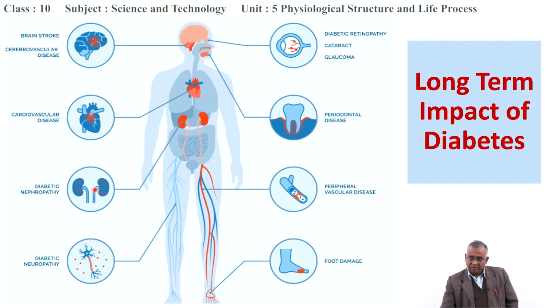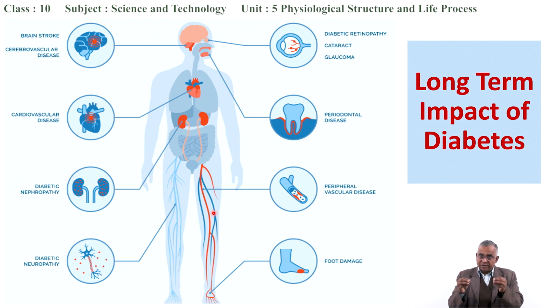Then the excretory system, and the muscular and skeletal systems. In fact, teeth are outside the skeletal system, but they are bone. So this diabetes affects different other organs and causes different types of diseases.